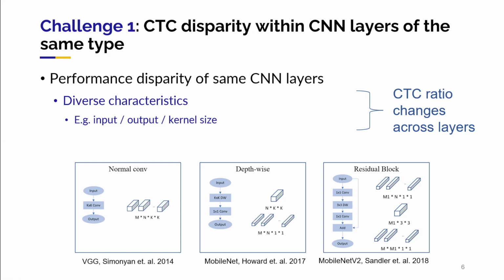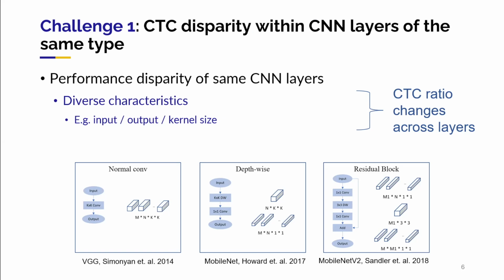The problem with having variable CTC is that we sometimes cannot have fully pipelined execution, where we have some imbalance between the reading of the data from off-chip memory and the execution of the computation.